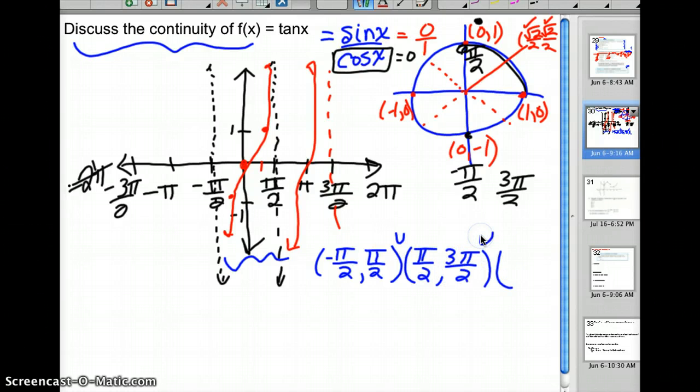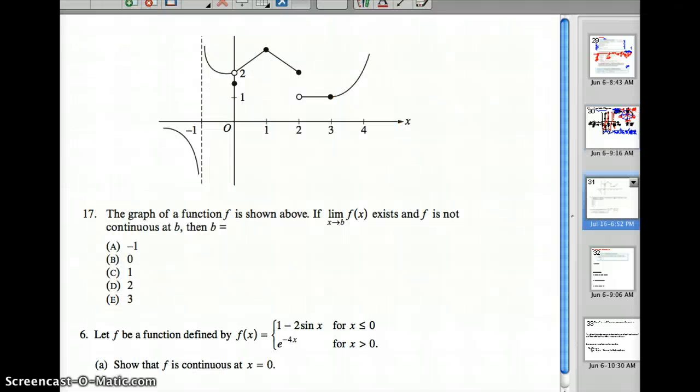Sometimes they'll put a union in these to tell you that you're pulling them together, but I don't think the back of your book even does that. So you just block out all these, and it goes forever that way and forever that way. So just get a good idea of the cosine graph and the tangent graph. And let's move along here.